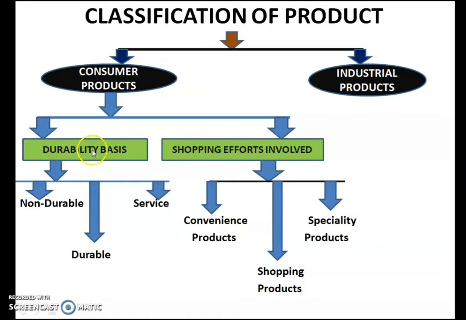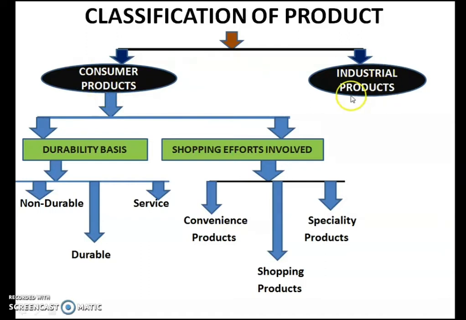According to durability, they are classified into 3: non-durable, durable and services. On the basis of shopping efforts involved, there are 3 sub-classifications: convenience product, shopping product and specialty product. So this is the classification related to consumer product.